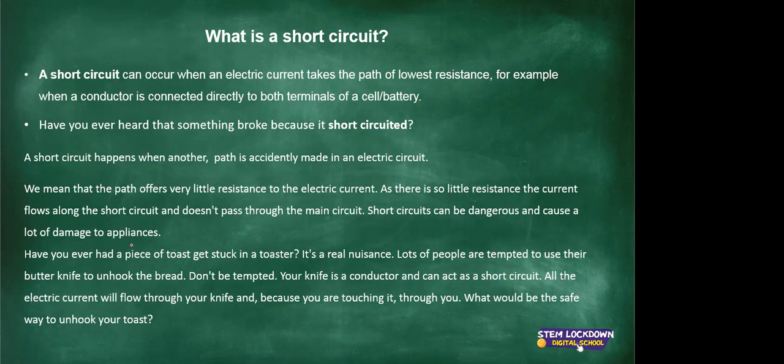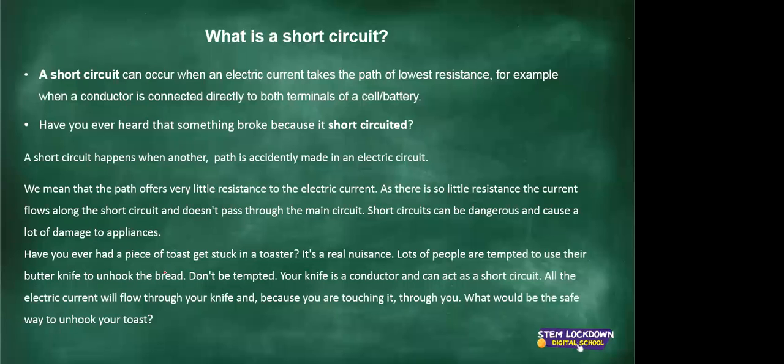So basically, when the current flows through the short circuit and it doesn't go through the main circuit, it can be dangerous and it can actually damage your appliances. Like sometimes when there's lightning, because of that extra current that is flowing through, your appliances get damaged as well. This is what basically happens.